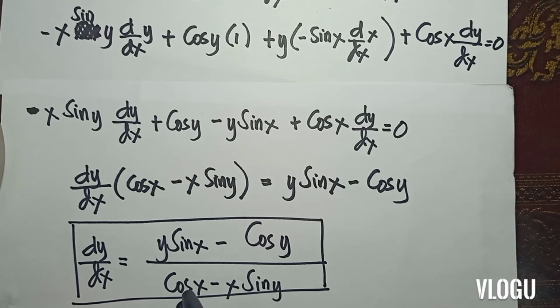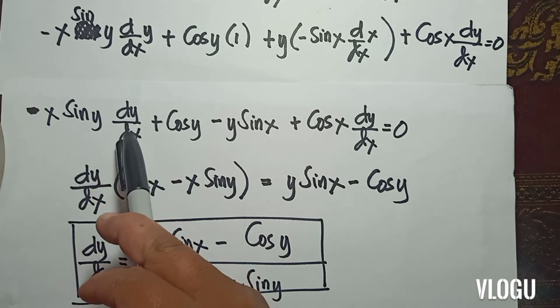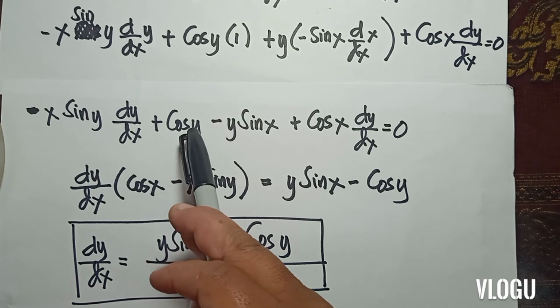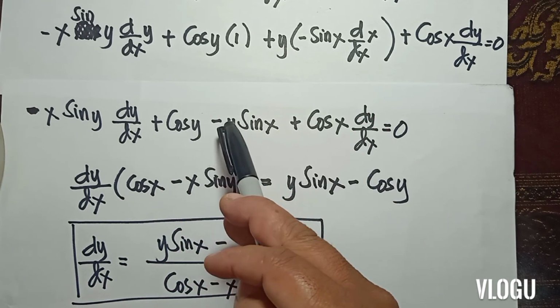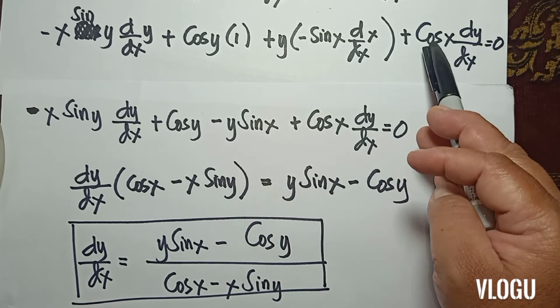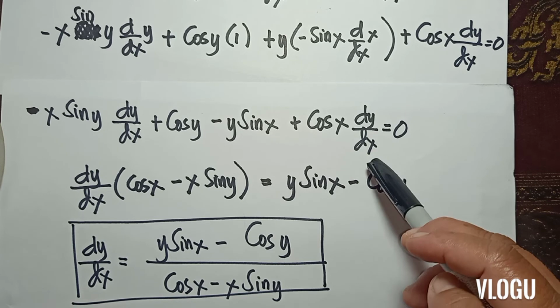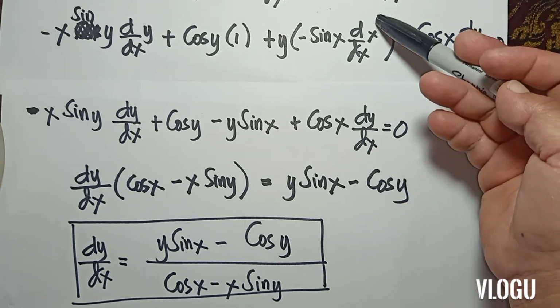So we have now negative x sine y dy/dx plus cosine y, minus y sine x, plus cosine x dy/dx. The dx over dx here is cancelled out.